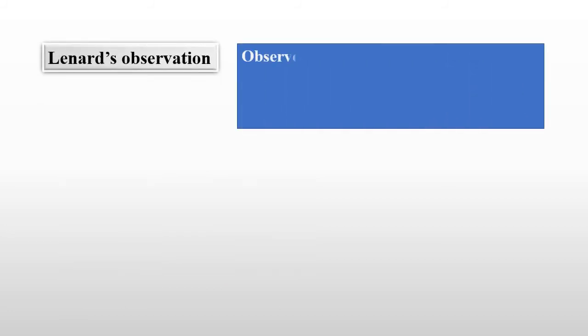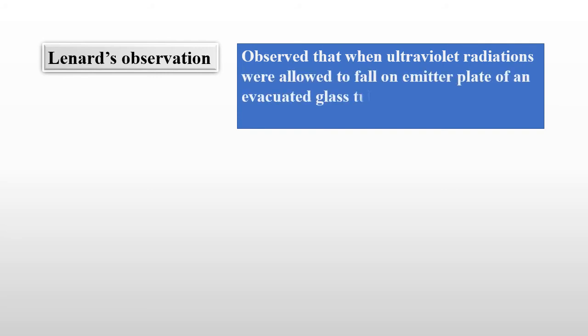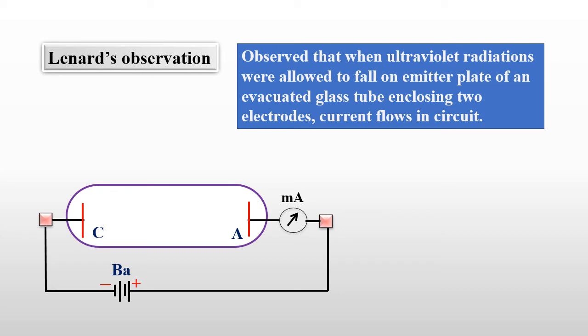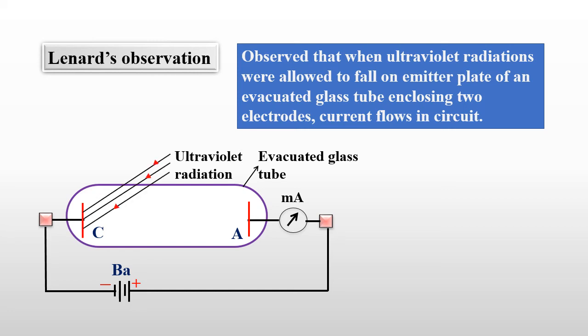Lenard observed that when ultraviolet radiations were allowed to fall on the emitter plate of an evacuated glass tube enclosing two electrodes, current flowed in the circuit. So this is the evacuated glass tube. Ultraviolet radiations are incident on the cathode. Free electrons are ejected and move towards the anode.